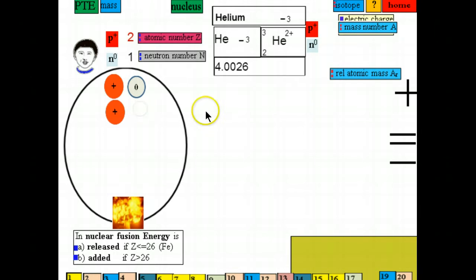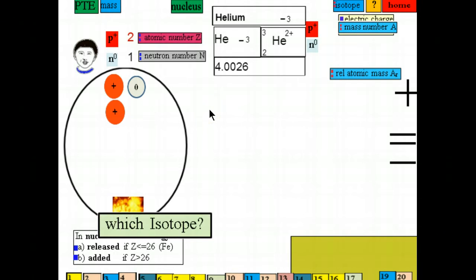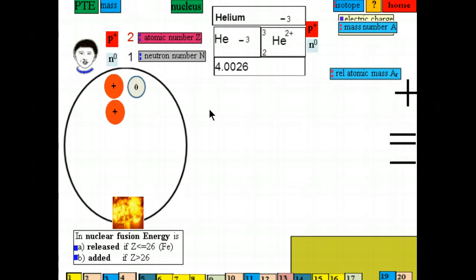However, for helium-3, the atomic number Z is 2, of course, because it's helium, but the neutron number is 1. And if we add the atomic number Z and the neutron number N together, we get the mass number A.